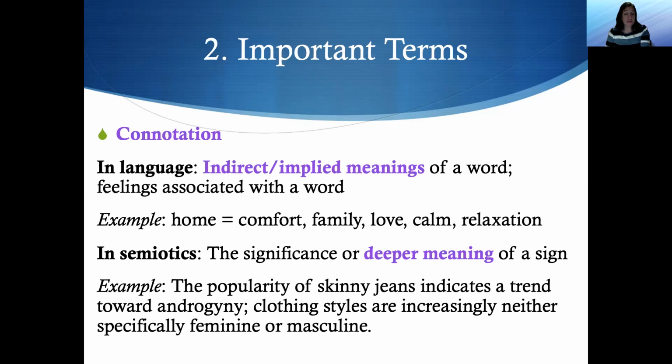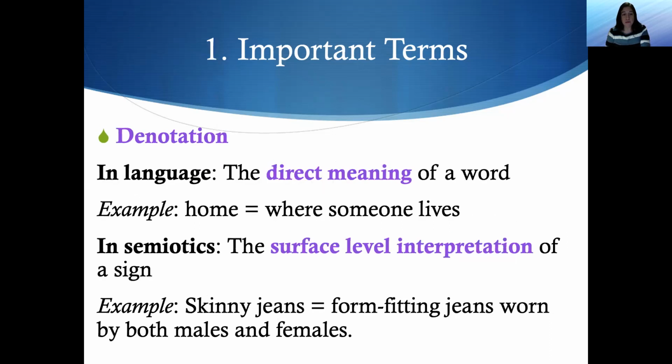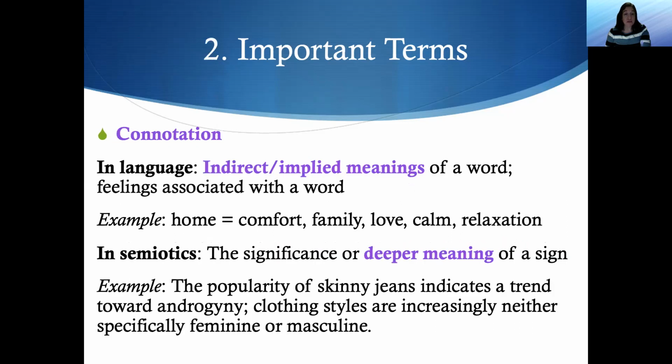In semiotics, connotation is simply the significance or deeper meaning of a sign. For example, we said skinny jeans are form-fitting jeans worn by both males and females. If we look a little deeper, we might say the popularity of skinny jeans indicates a trend toward androgyny. Clothing styles are increasingly neither specifically feminine nor masculine.